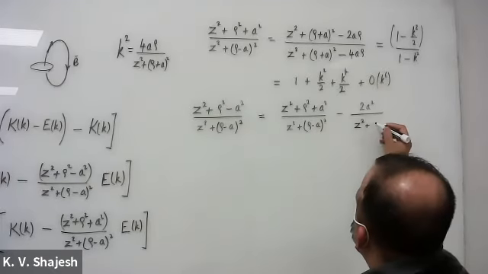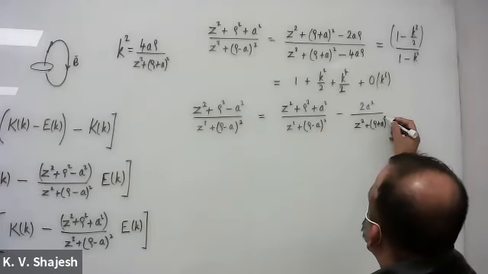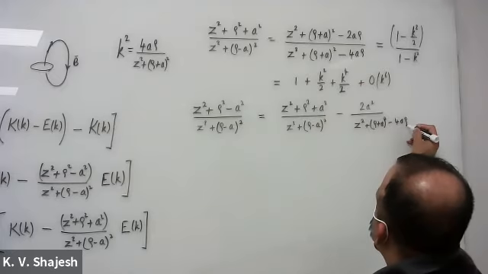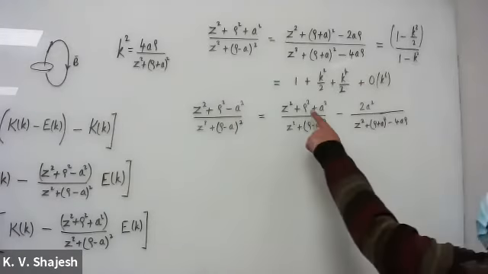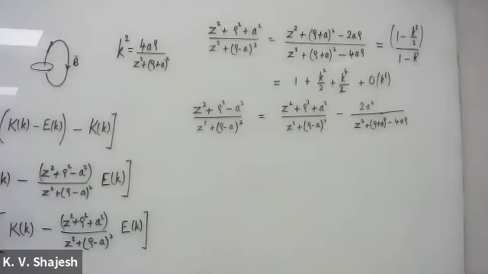So that's (z² + (ρ + a)²) minus 4aρ. So in the numerator I subtract 2a², and the denominator I write as minus 4aρ.